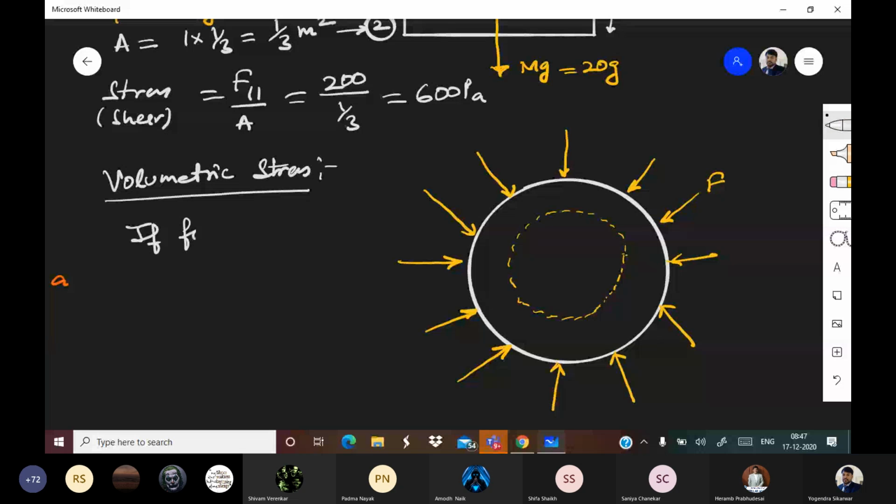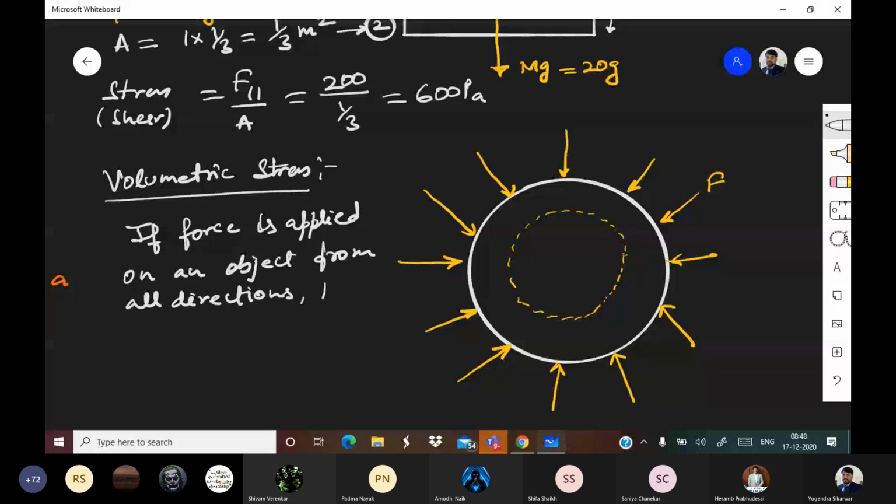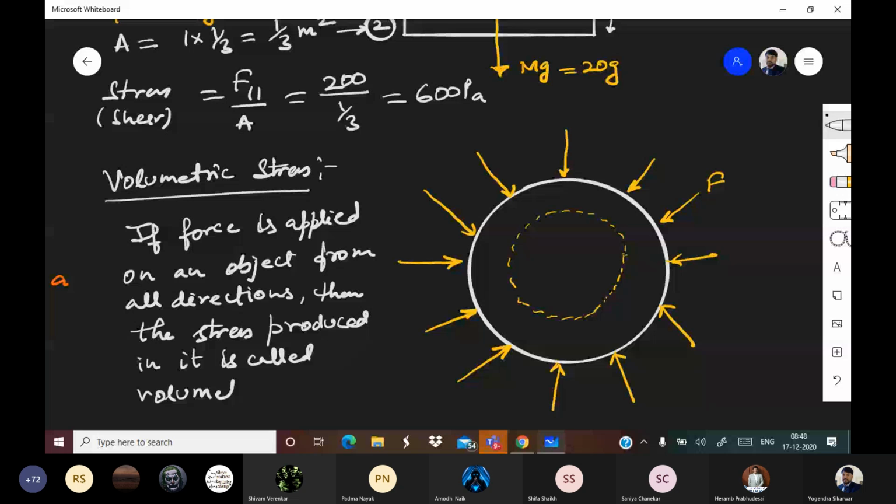If force is applied on an object from all directions, then the stress produced in it is called volumetric stress.